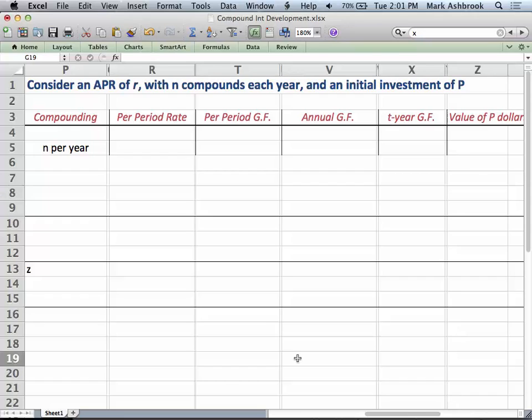Your per period growth factor, your annual growth factor, T year, and value of P dollars. See if you can do it. Same thing again, but now general, using variables instead of actual numbers.